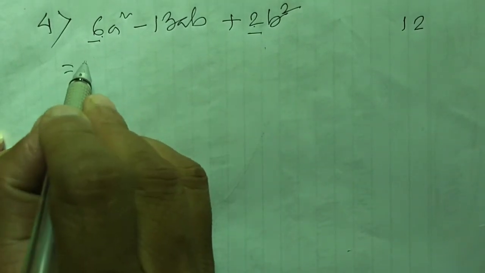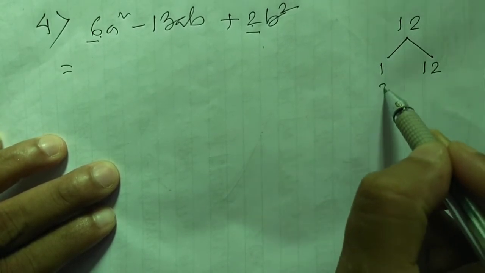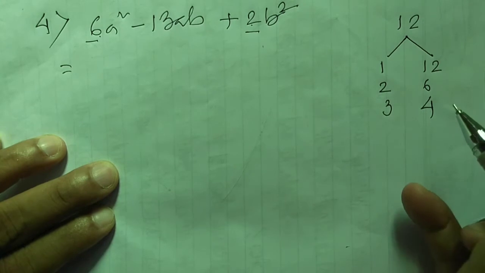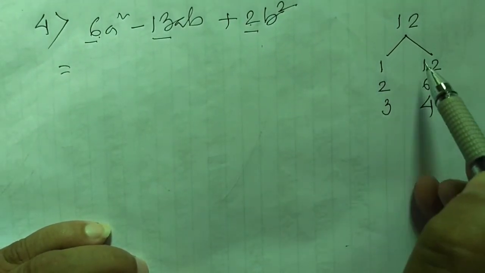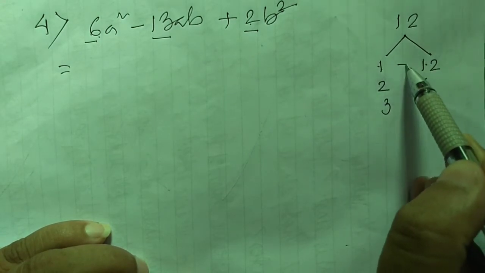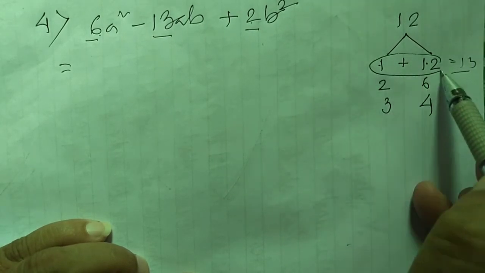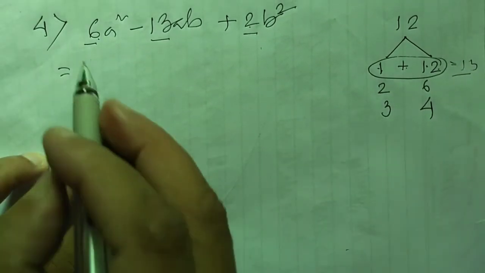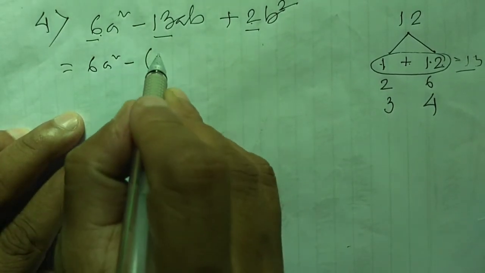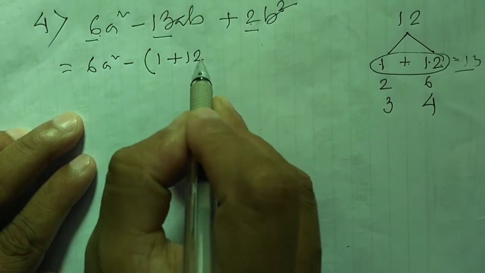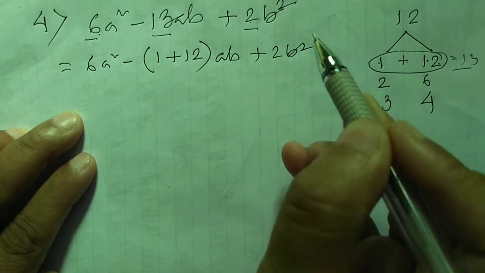Now, we have to split this 12. 1 into 12, 2 into 6, 3 into 4. Now let us check how we are getting this 13. 1 and 12, if you plus it, we are getting 13 from this first only. 1 plus 12 is 13. So we can write 6a square minus 1 plus 12 ab plus 2b square.